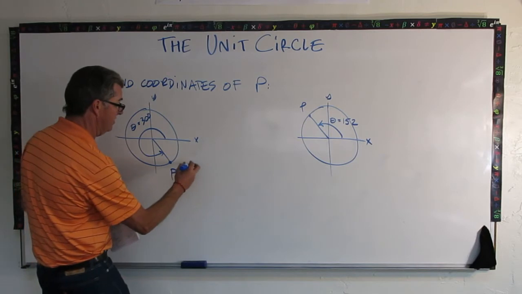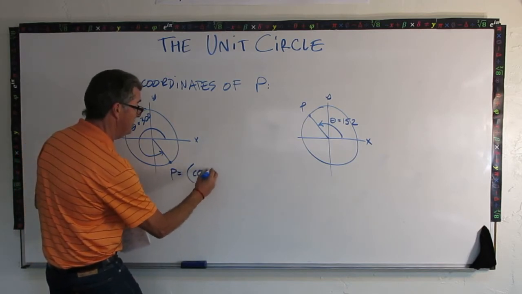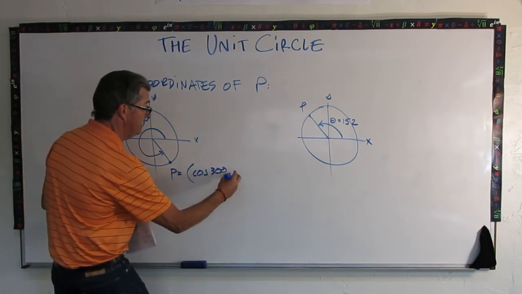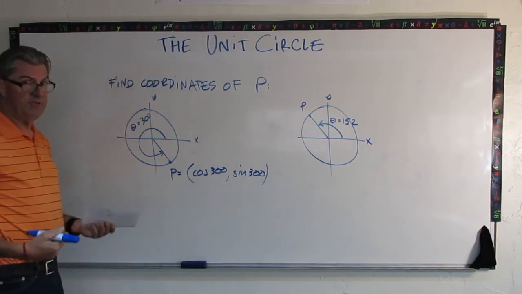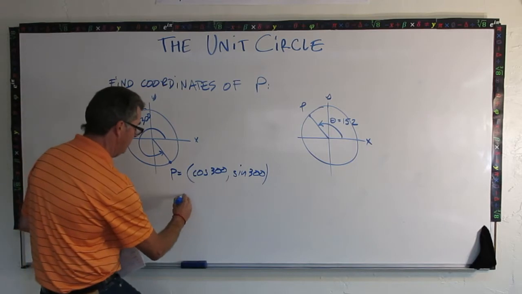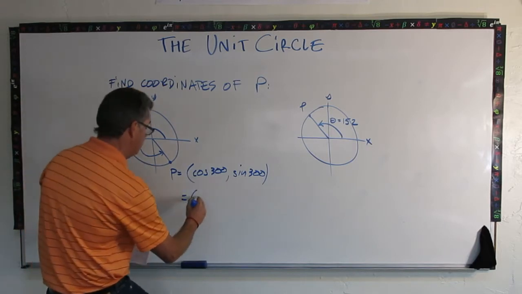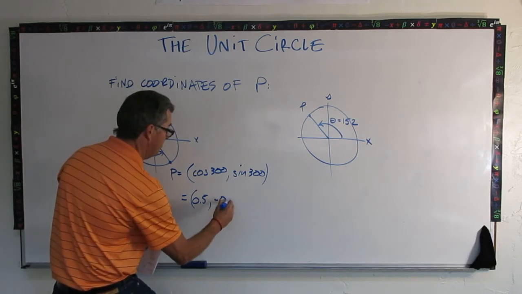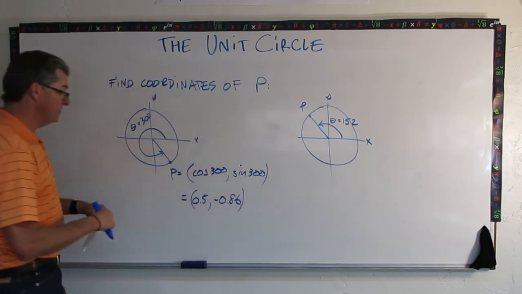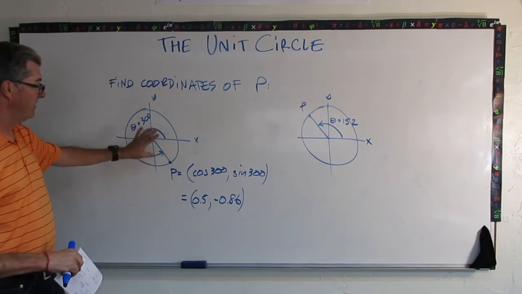So P is going to be cosine 300, comma, sine 300. Now this kind of problem you need to get out your calculator for, and what we get here is 0.5, minus 0.86. So those are the coordinates of P here on this unit circle.